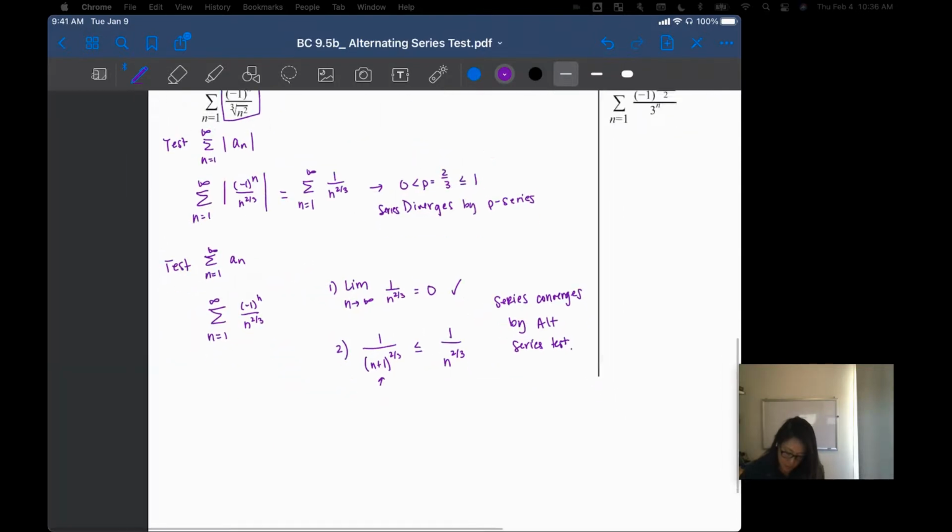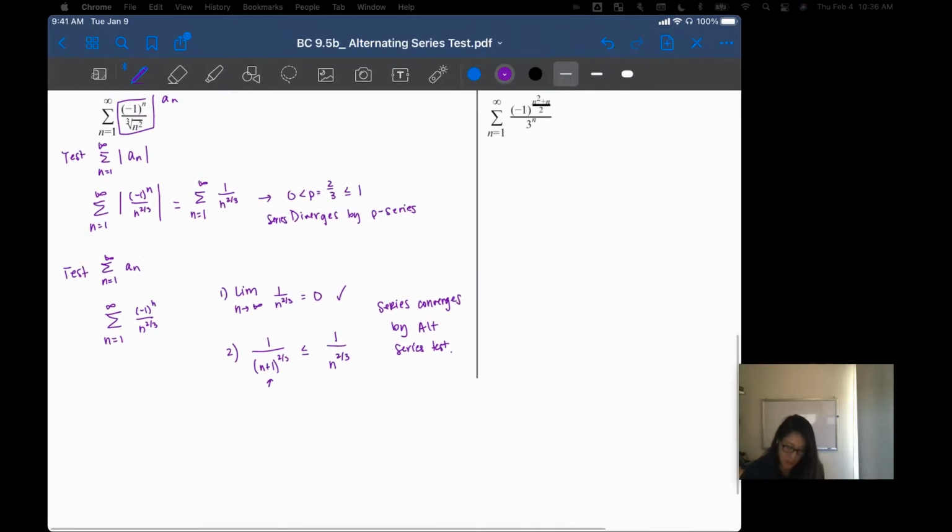Okay, so does the series converge conditionally or converge absolutely, or neither, I guess? Since this switches signs, this does not switch signs.